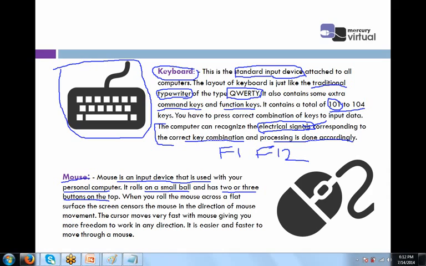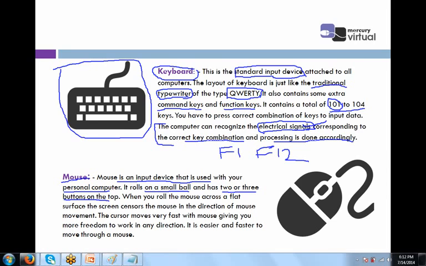Basically there is a left button, a scroll button, and a right button, and a menu is generated with the help of the right button. We will discuss these later, in the next 2-3 days.